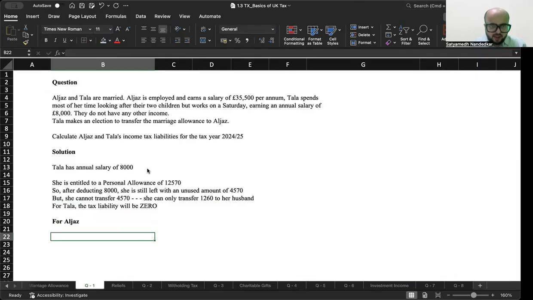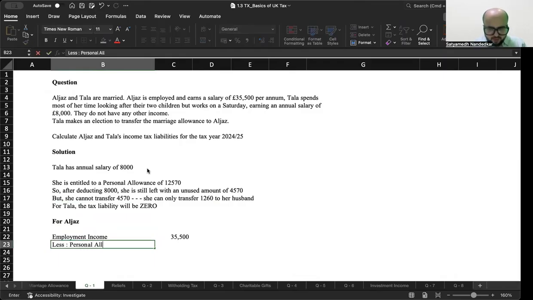Now for Aljaz, what is the total salary or employment income? 35,500 per annum. Okay. From this, you will subtract his personal allowance minus 12,570.